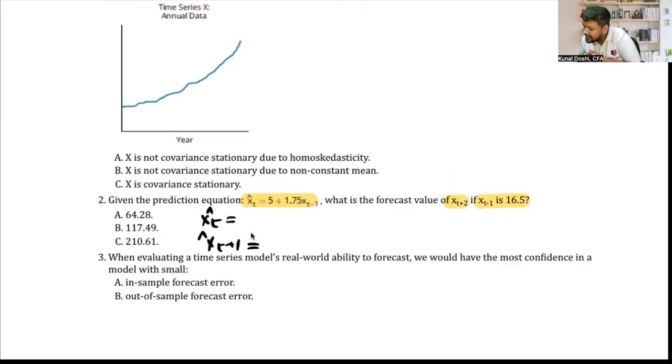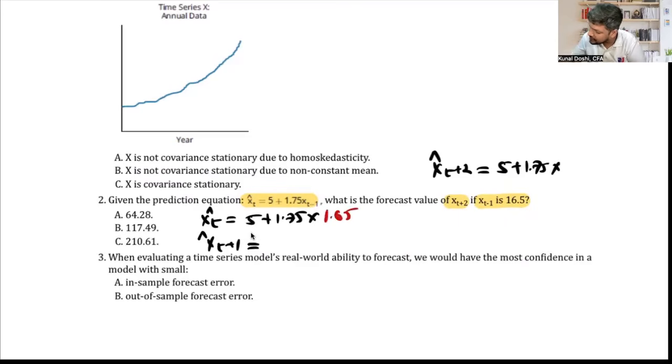Using that, I will get xt+2. So to find xt+2, I will use 5 plus 1.75 into something. First I will do 5 plus 1.75 into 1.65, then I'll get a value. Then I'll do 5 plus 1.75 into that value. So let us see that. What is that value?